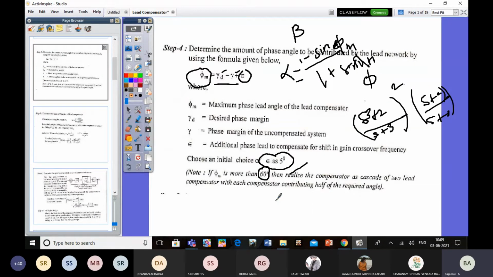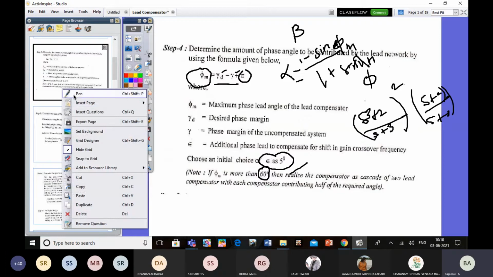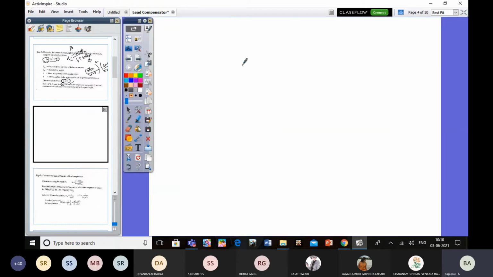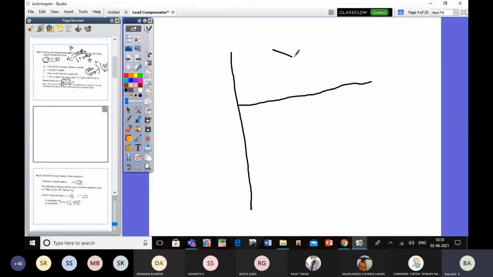In the previous case, please remember, in the Bode plot, I roughly draw it. Suppose this is 0 dB, and we have to consider some approximate slope.